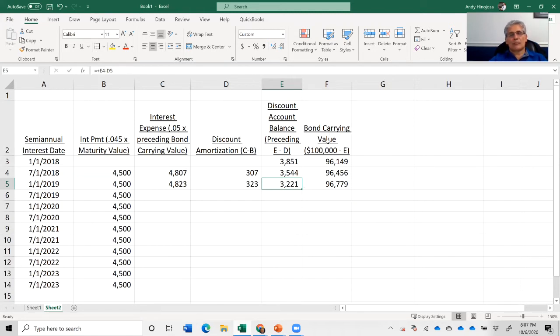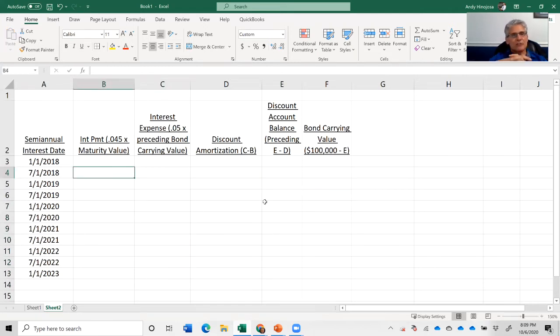From here, we take our bond carrying value and adjust it by taking 100,000 minus column E, 3,221. Now from here, if you understand Excel, which you probably don't, maybe you do, we'll just copy it down. So we have the amortization schedule.